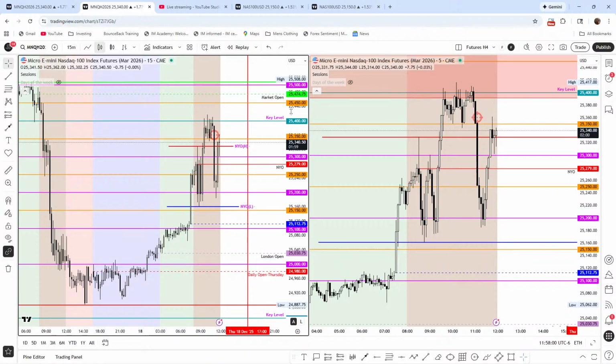I'm just trying to make sure this is where you guys can see it when we start live trading. That means I might have to just change a setting, because there's a certain setting for the scroll. But let me see here.